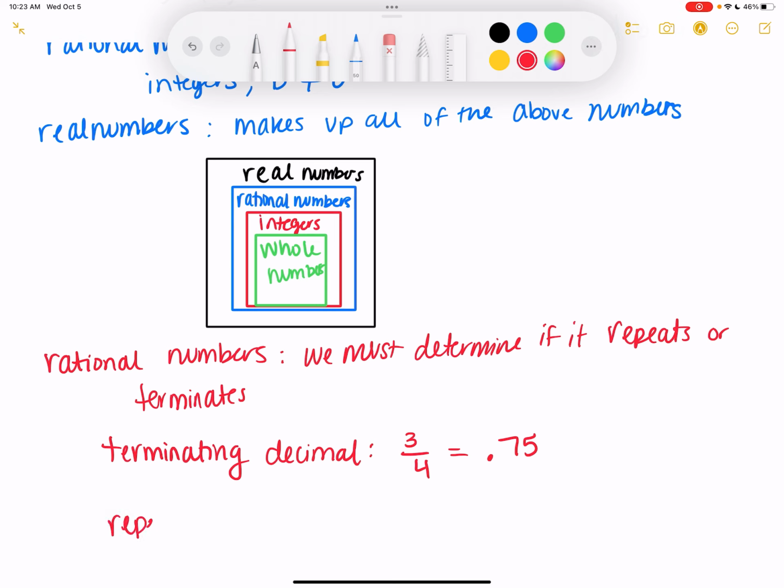But a repeating decimal, if we had 1/3, would be 0.3333 and so on. So it just keeps going.